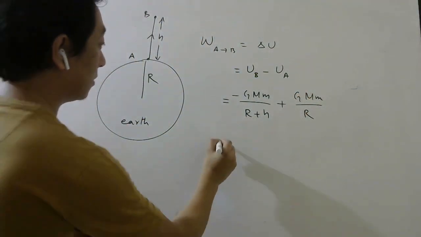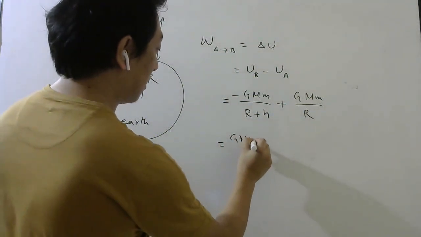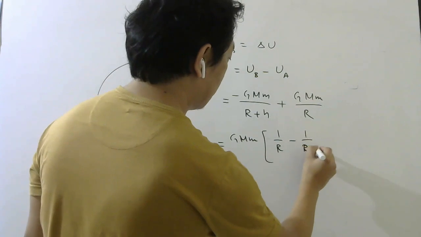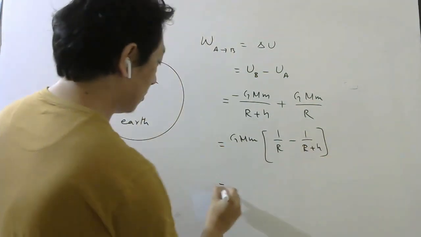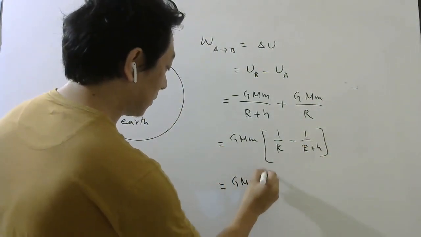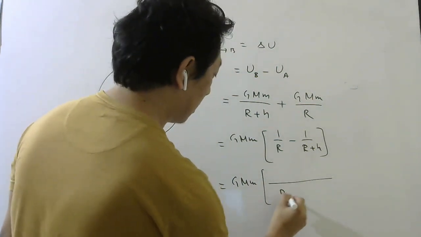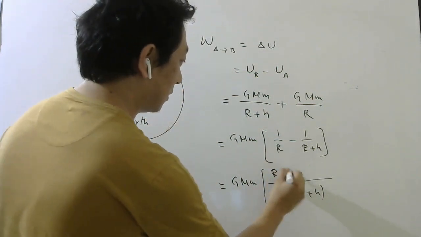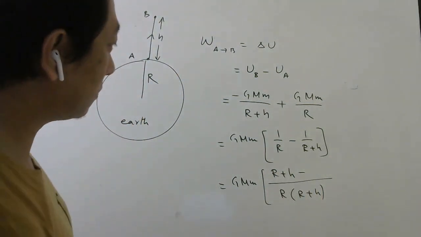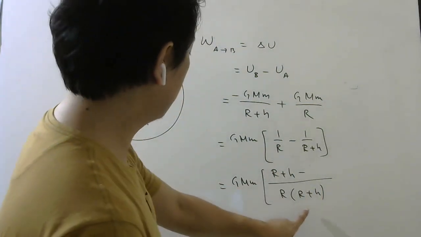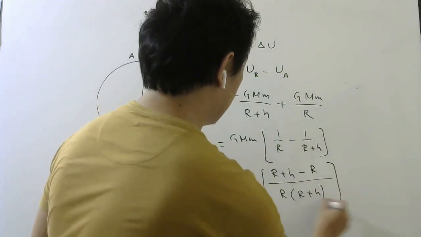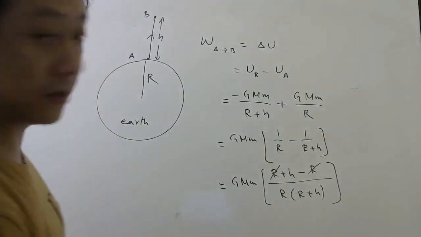Okay, so this is now GMm times 1 by R minus 1 by R plus h. So let me take the LCM: R into R plus h, minus R into R plus h minus R. So R gets cancelled, right?